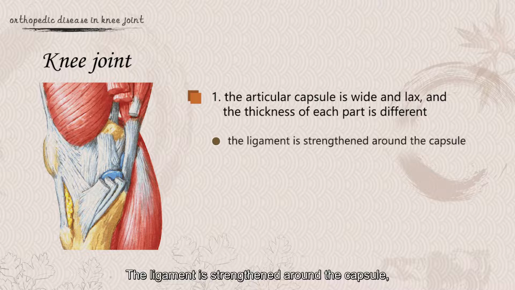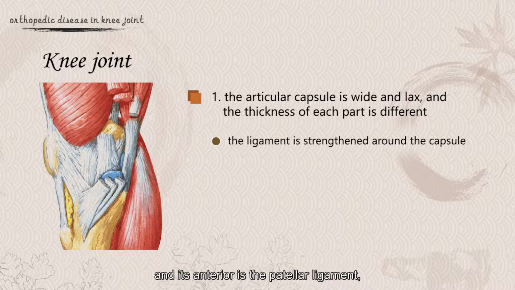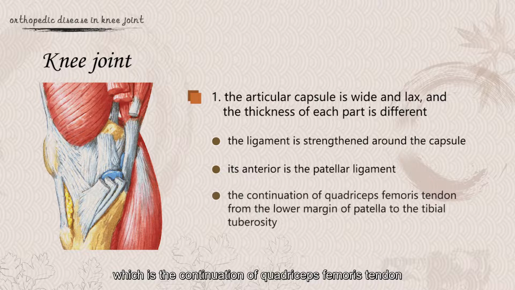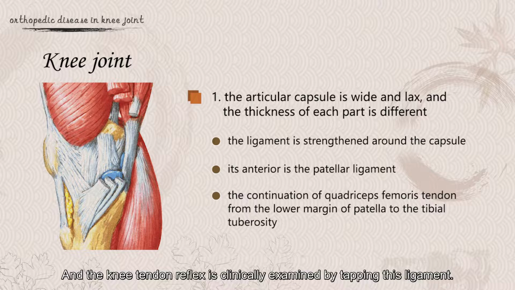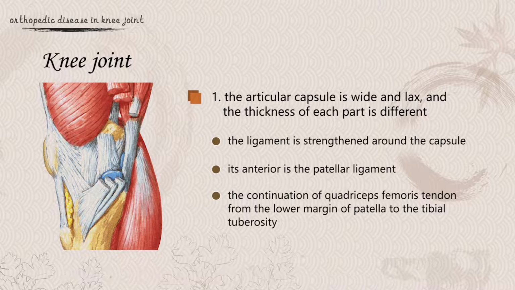The ligament is strengthened around the capsule, and its anterior is the patellar ligament, which is the continuation of quadriceps femoris tendon from the lower margin of patella to the tibial tuberosity. And the knee tendon reflex is clinically examined by tapping this ligament.